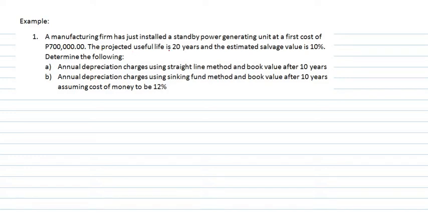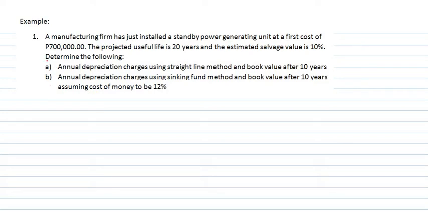The projected useful life is 20 years and the estimated salvage value is 10%. Determine the following. First, the annual depreciation charges using the straight line method and book value after 10 years. And then we have letter B, the annual depreciation charges using a sinking fund method and book value after 10 years, assuming cost of money to be 12%.